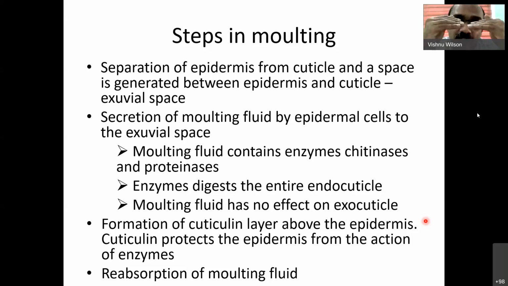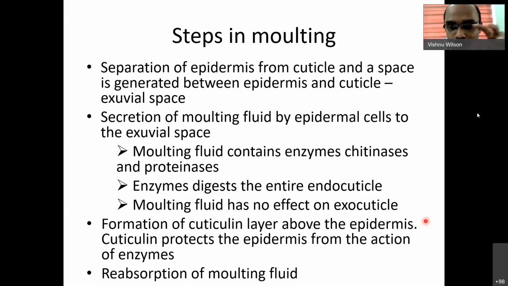But just after the molting fluid is secreted into the exuvial space, these enzymes will not be active because the proteinases itself can harm the epidermis that secreted it. The epidermal wall, you might have studied about the body wall, the cell membrane of each organism. The cell membrane is made up of lipids and proteins.